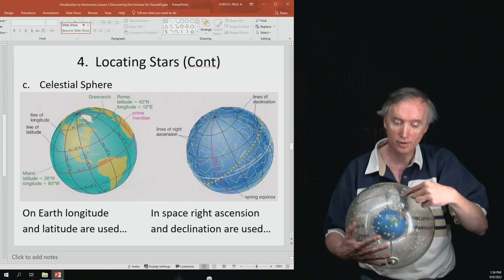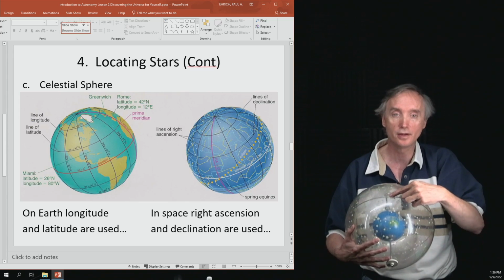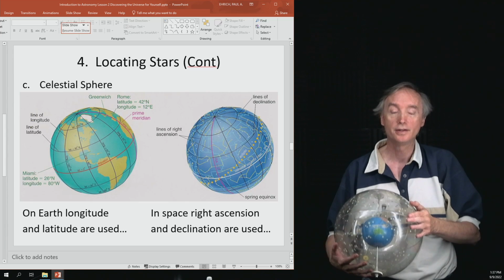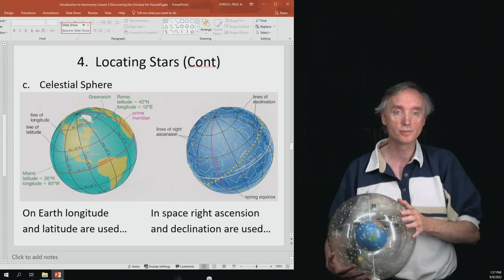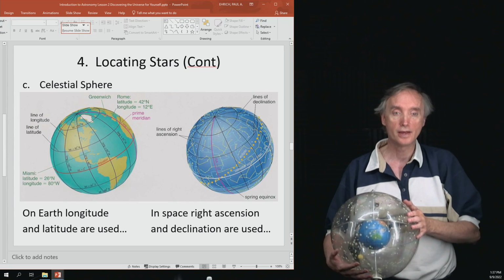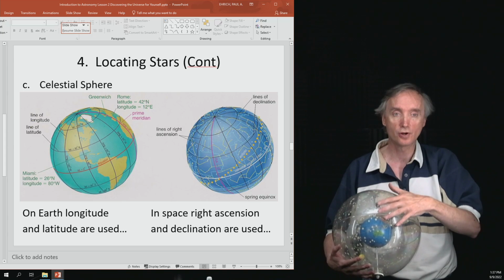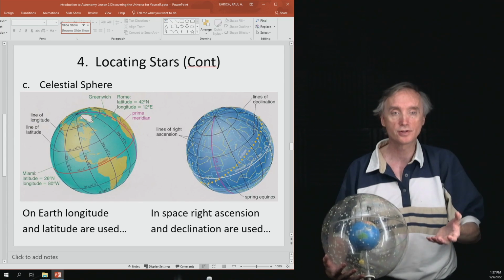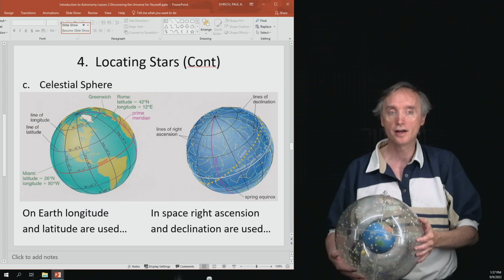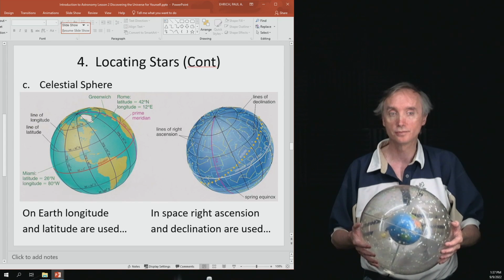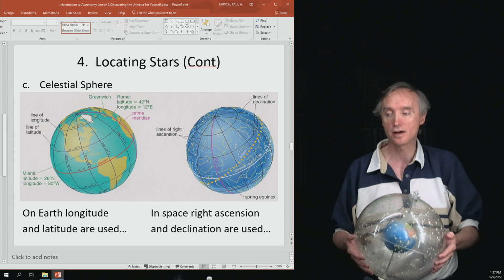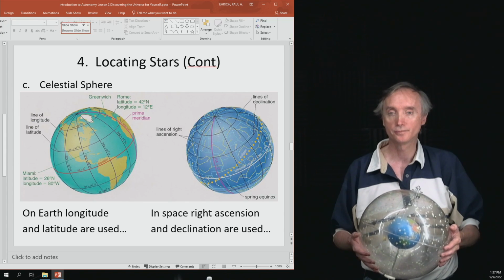You can see it's right on the equator, so we would say then that its declination is fairly close to being 0. And then you can look this up, so go to Google and type in Orion, right ascension and declination, and you can find its actual numbers. So this is how we can locate constellations in the sky, by using this.